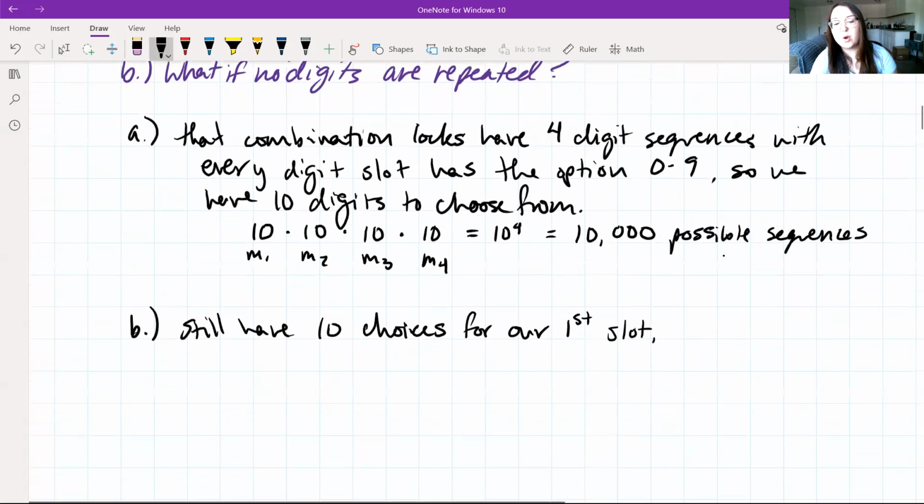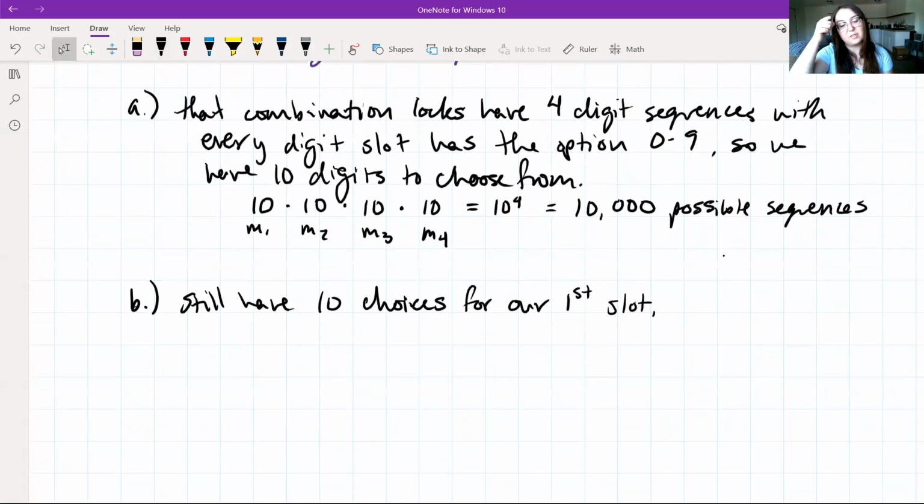But if we want no repetition, and for example, in our very first slot we pick the number 3, and we don't want it to be repeated at all, that means on our second slot we now have 9 options because we're considering every number that's not 3.